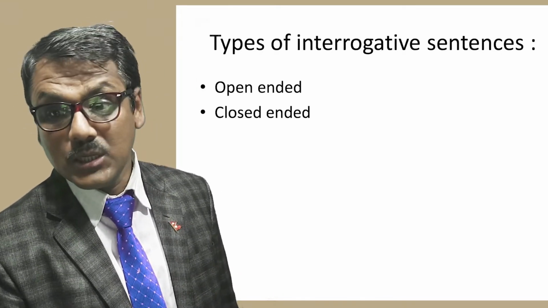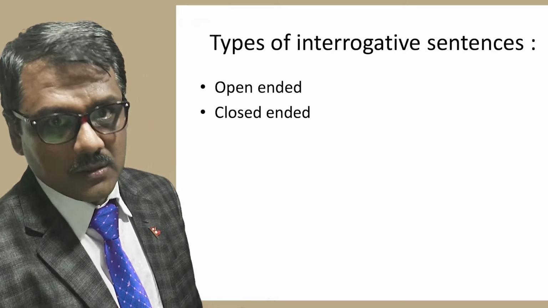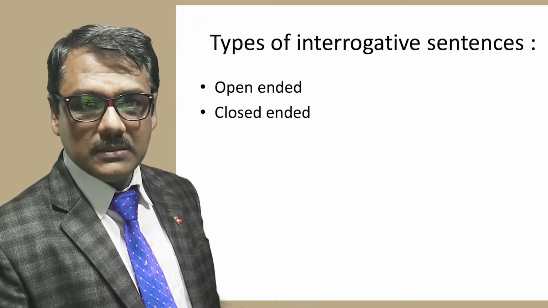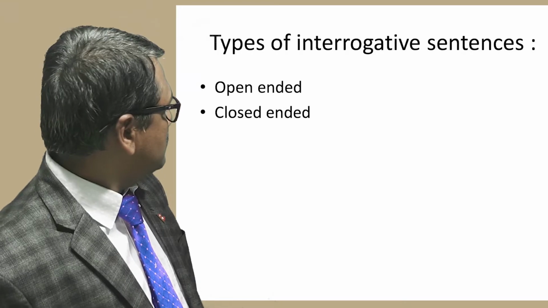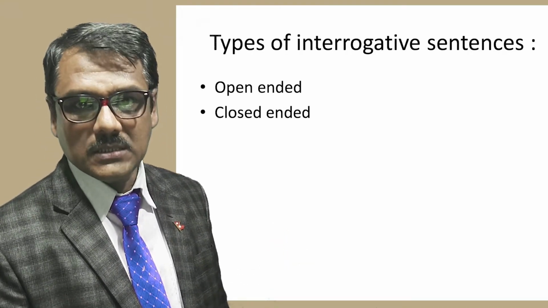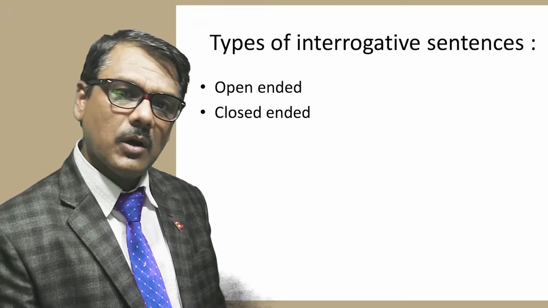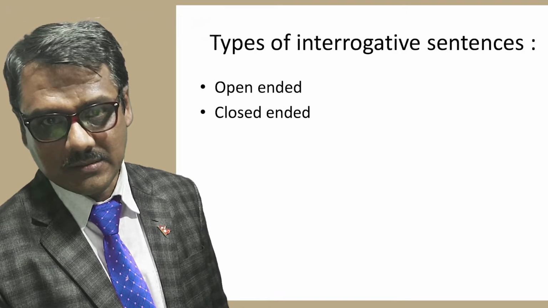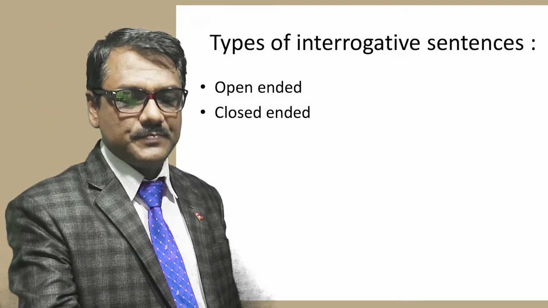I think these are new terms for you, so I should make them clear too. In the coming part, we will discuss them too. So just remember, there are two types of interrogative sentences. One open-ended, and the next is closed-ended, right? So let's move forward.